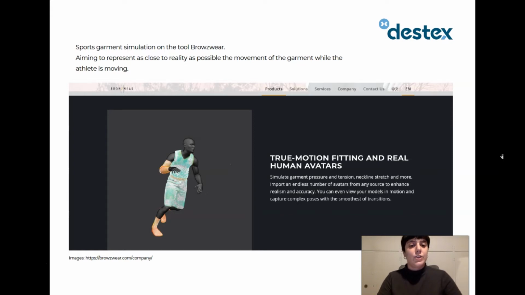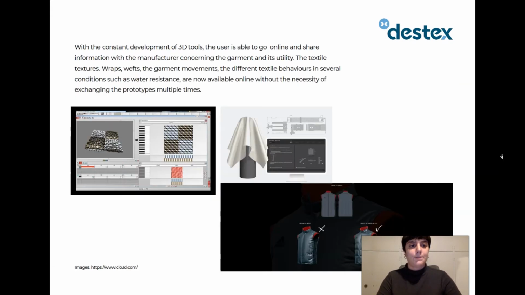So it's a simulation of an actual garment. And with the constant development of 3D tools, the garment movements are not the only ones that are imposed here. For example, warps or wefts, or different textile behaviors in several conditions, such as water resistance, are now available with the click of a hand.